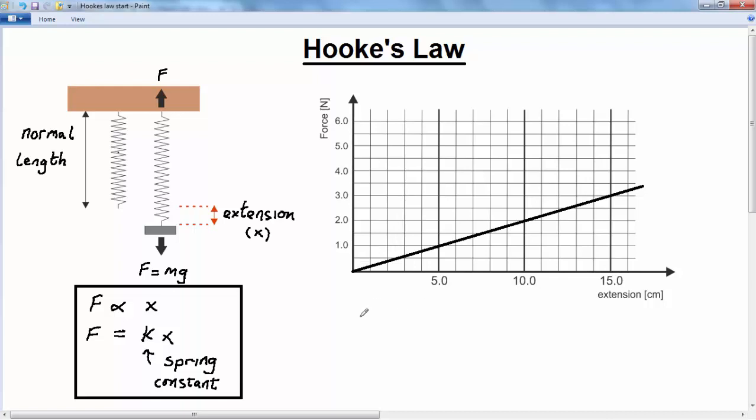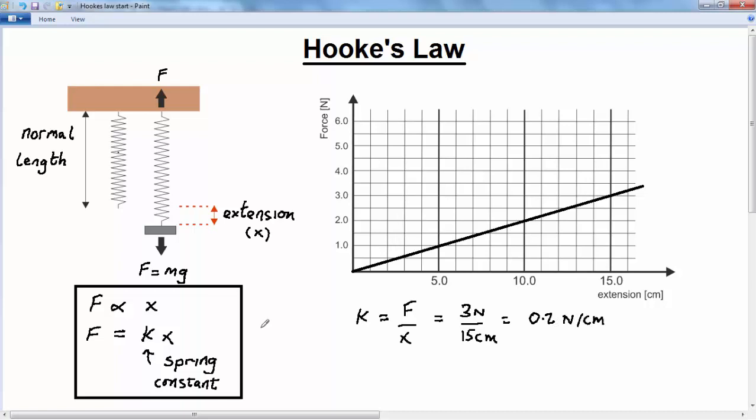So in this case, k for this particular spring is equal to F divided by x. We can plot in, for example, a force of 3 newtons produces an extension of 15 centimeters.